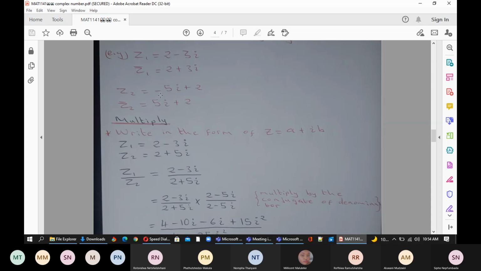For the conjugate, we only change the imaginary part. Where there's an imaginary number, we change the sign. Now it gives us 5i plus 2. This one, for the real part, you leave it the way it is. Any question before I proceed?